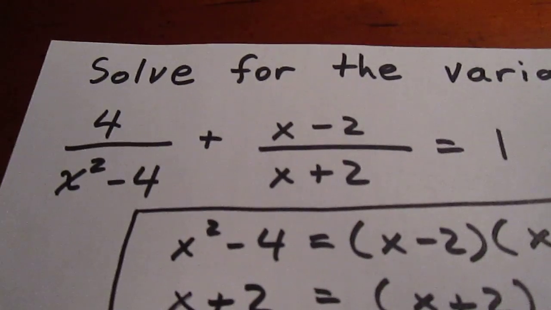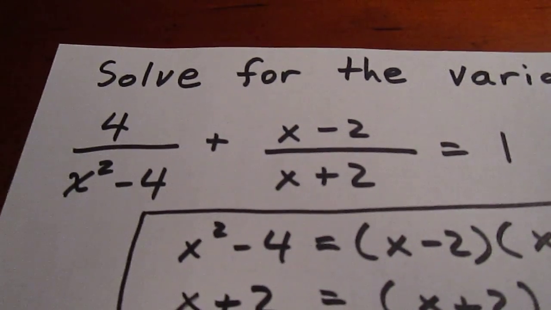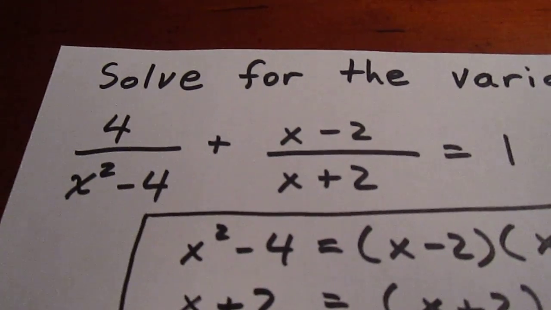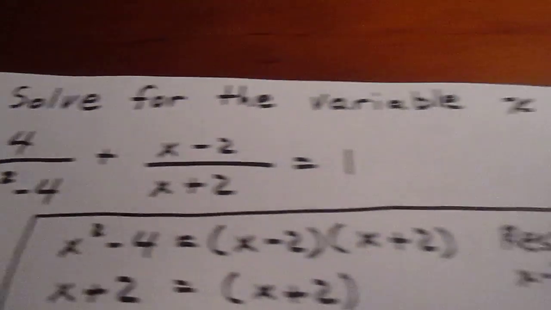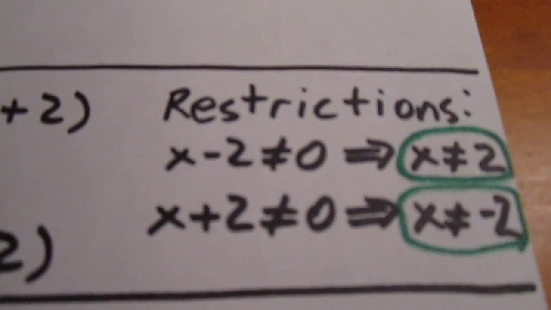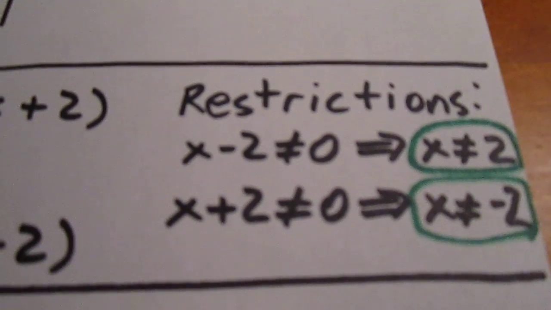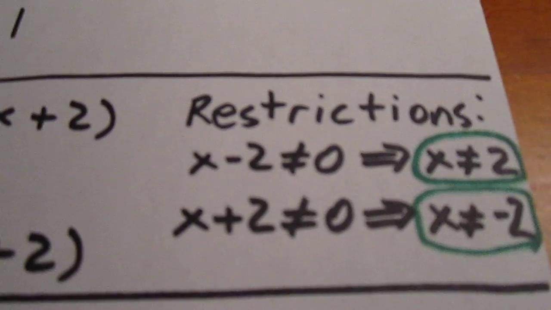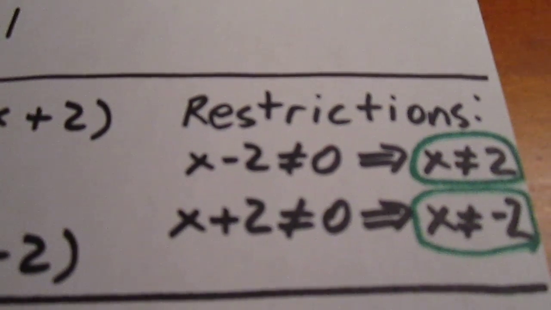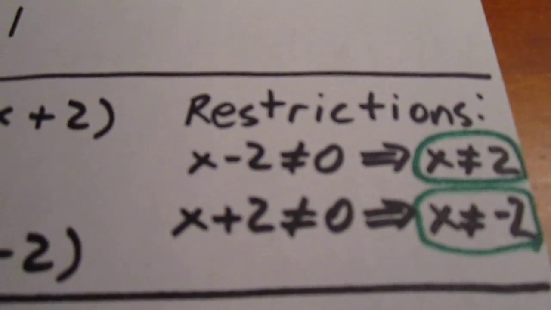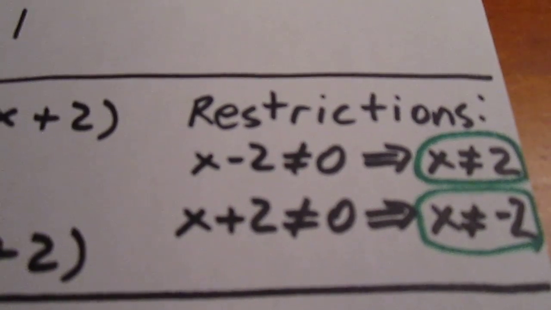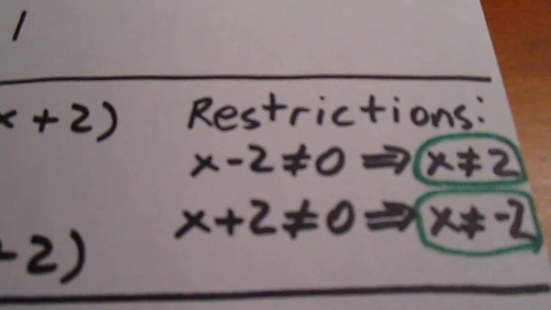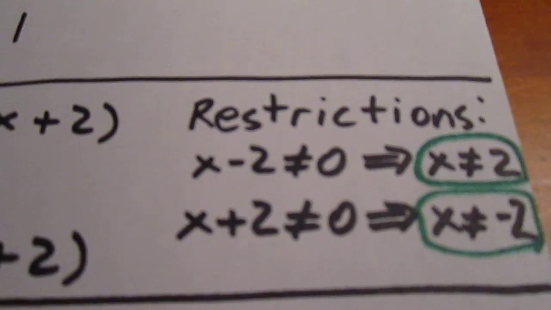If by the end of the question we come to a solution of either x equaling 2 or x equaling negative 2, that solution will be invalid, because the idea of a restriction trumps the idea of it being a solution to the question. In other words, if I get to the end of the question and the answer is x equals 2, the answer is there is no solution, because x cannot equal 2.